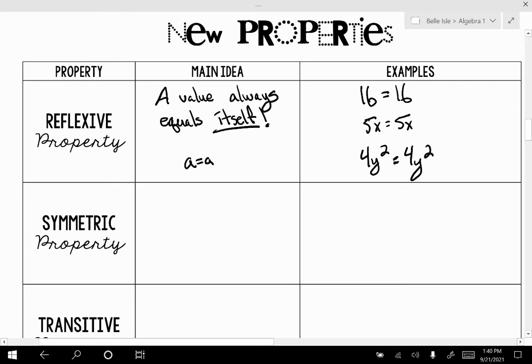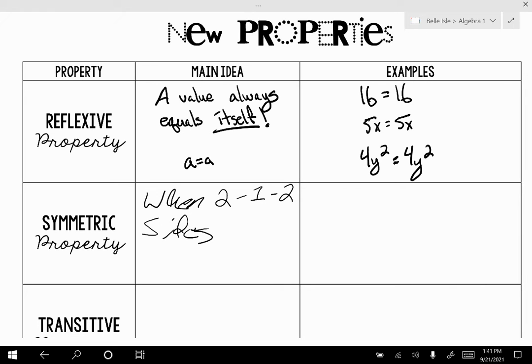Symmetry, meaning the same on both sides.